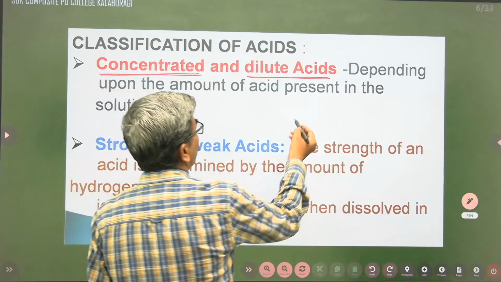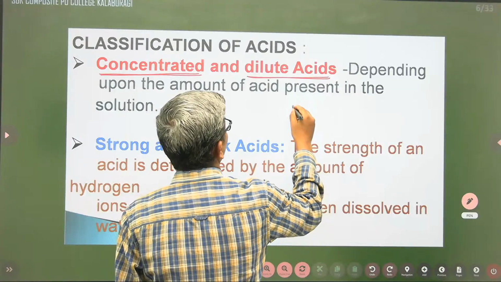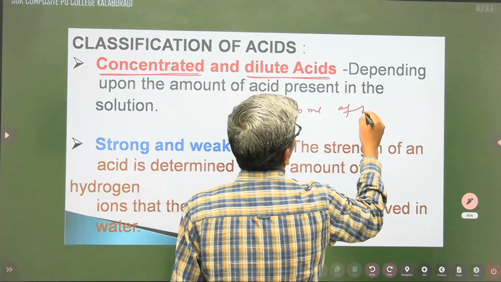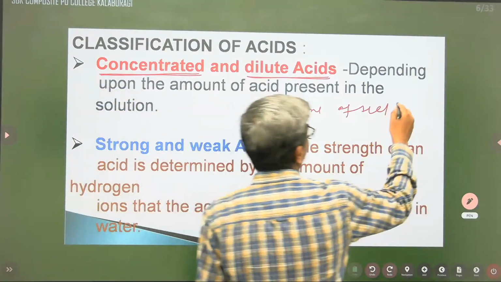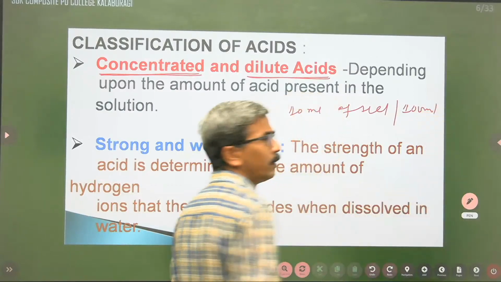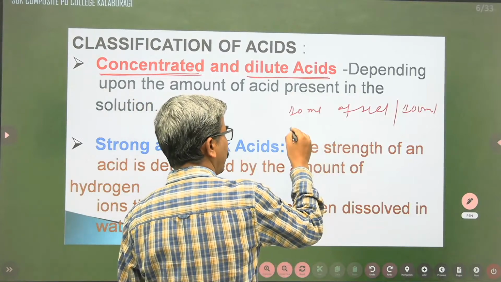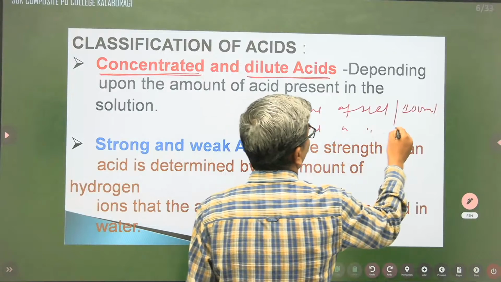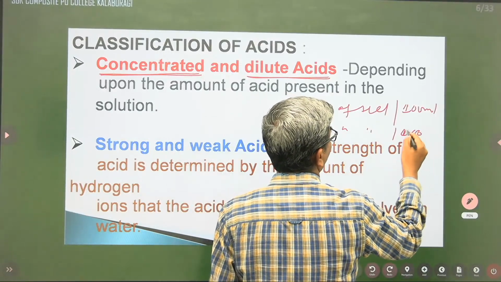Suppose I have taken 10 ml of HCl dissolved to make a solution of 100 ml. Now if I take 5 ml of HCl in the same 100 ml.